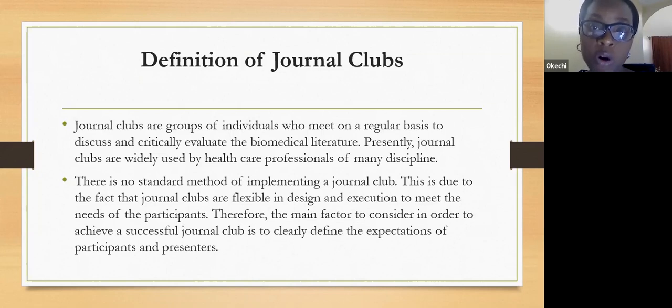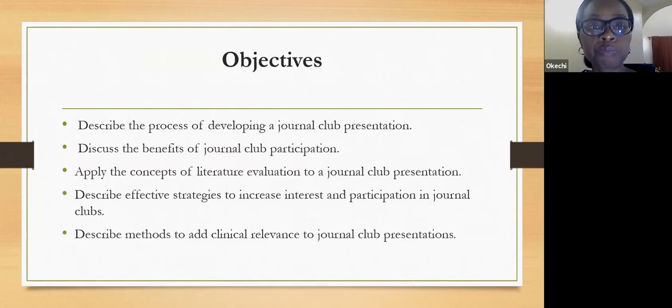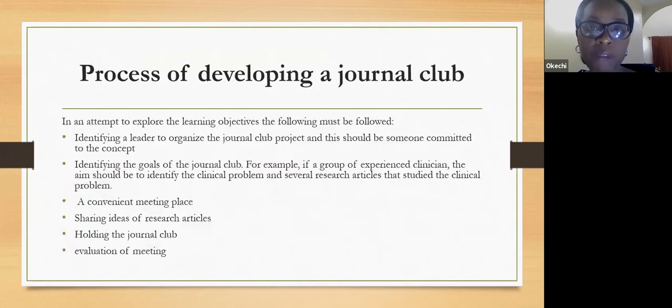It's much more common amongst healthcare professionals. And there's no standard method. It's supposed to be flexible, in essence, meeting the needs of the audience you have at a particular point in time. Next slide, please. The objectives, we have already done that.